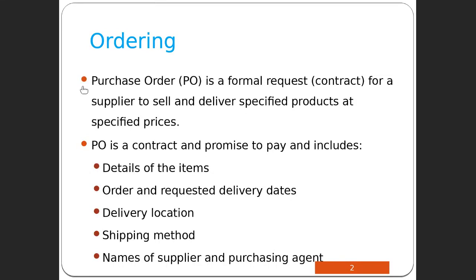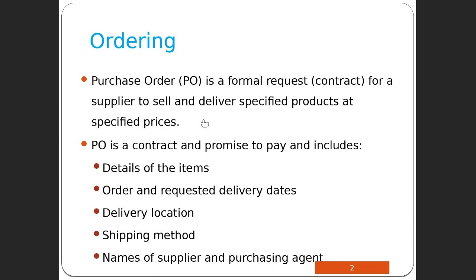And then the purchasing agent prepares something called a purchase order, which is sent to the vendor or supplier. It is a formal request or a contract to the supplier for delivery of specific products at specific prices. And it's a contract in the sense that if they give those products, you have to pay.